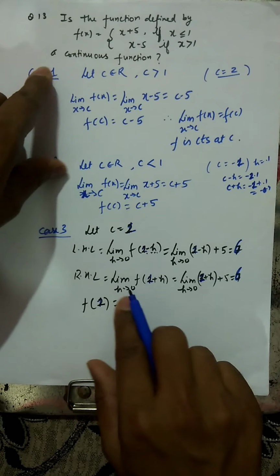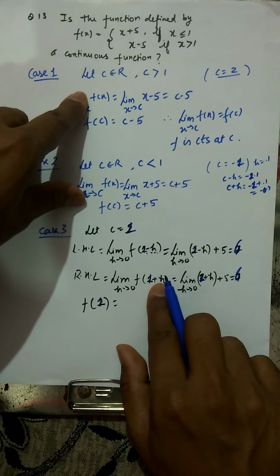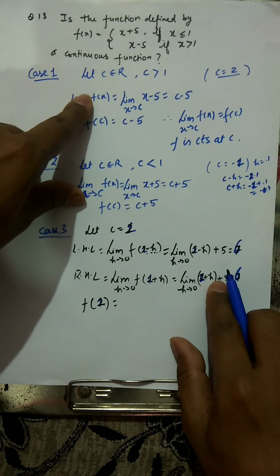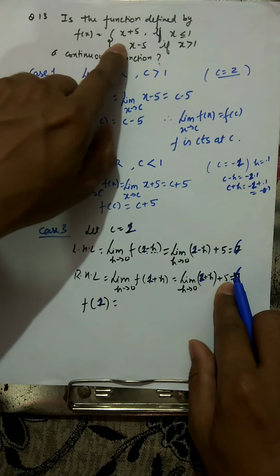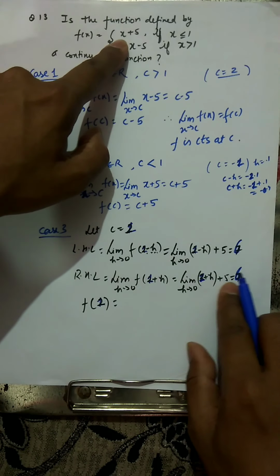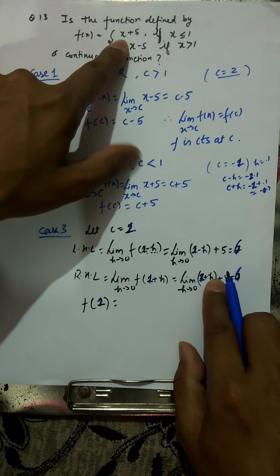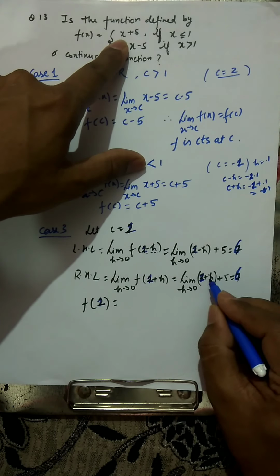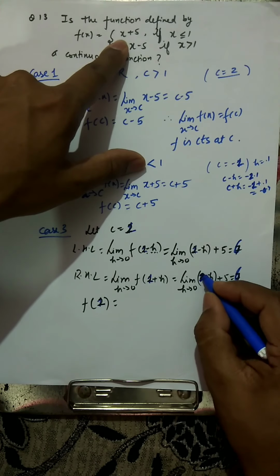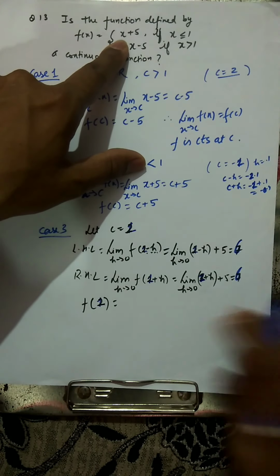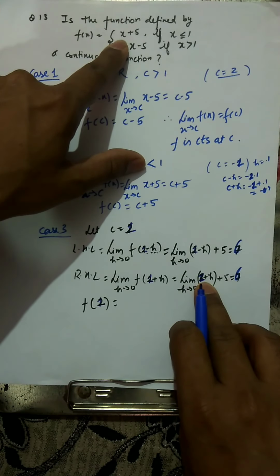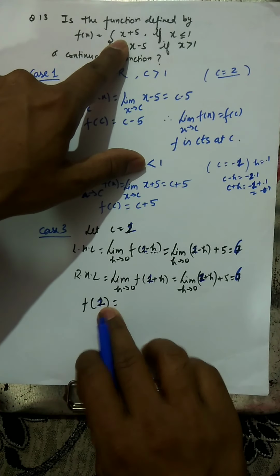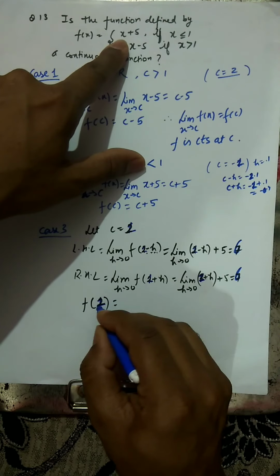Come to the right hand limit, limit h tends to 0, 1 plus h. So limit h tends to 0 of 1 plus h plus 5, because x is 1 plus h now. Put the value again, so this is again 6. Now f(1), we want to calculate f(1).